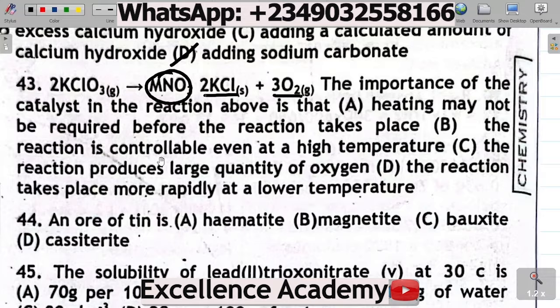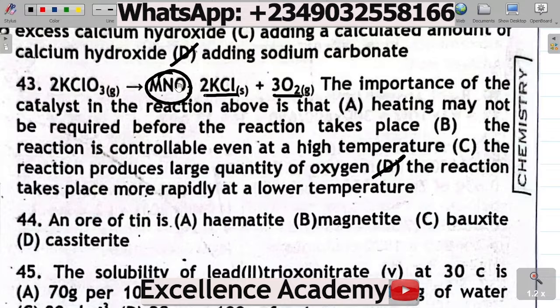B, the reaction is controllable even at high temperature. C, the reaction produces large quantity of oxygen. D, the reaction takes place more rapidly at lower temperature. For this particular question, the correct answer is D, that the reaction takes place more rapidly at lower temperature.